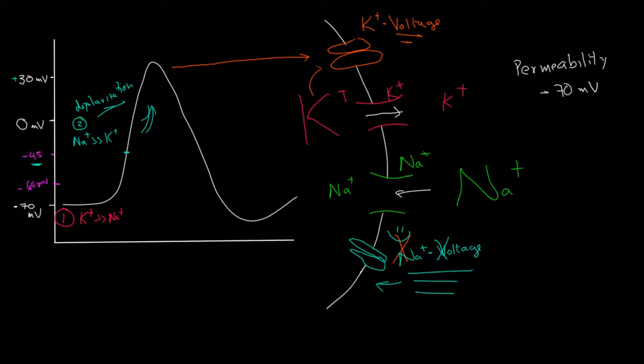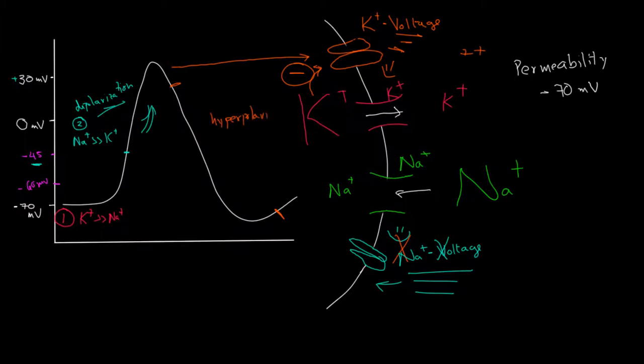Now the potassium ions have another conduit for leaving, so they're very happy now, and they start flowing out, and they start taking their positive charge out of the cell. And so that leaves a negative charge inside, and that is responsible for this phase. So we have the voltage-gated sodium channels closed, and the potassium channels open, causing this rapid hyperpolarization phase.